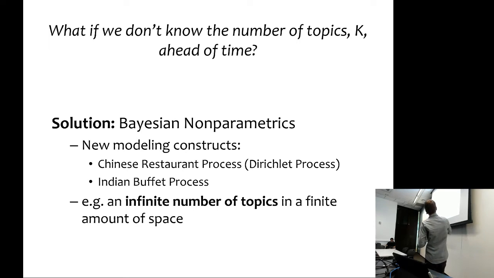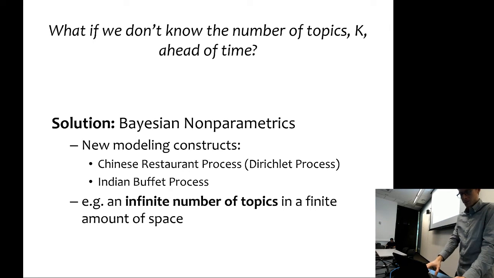And the interesting part about Bayesian nonparametrics is that we can work conceptually with an infinite number of topics, and yet we can boil the computation down to something that fits in finite space, so that we can actually work with it on a computer. So there's a wide variety of other modeling constructs that come out of this space.